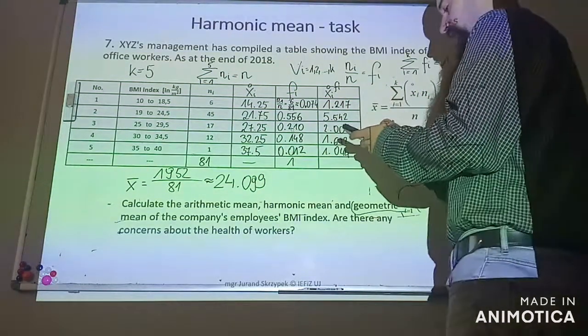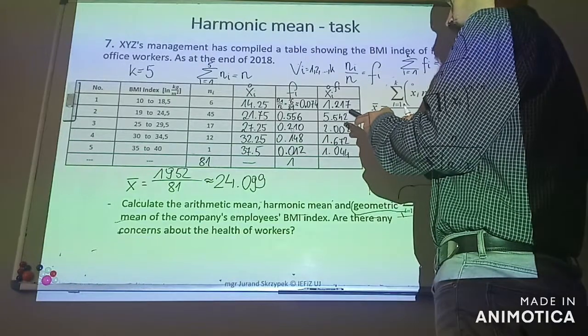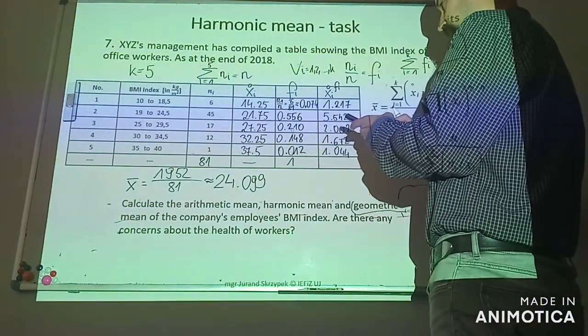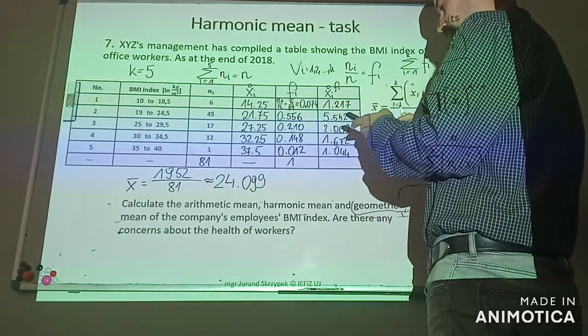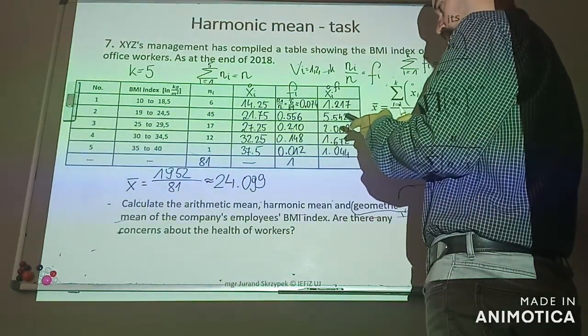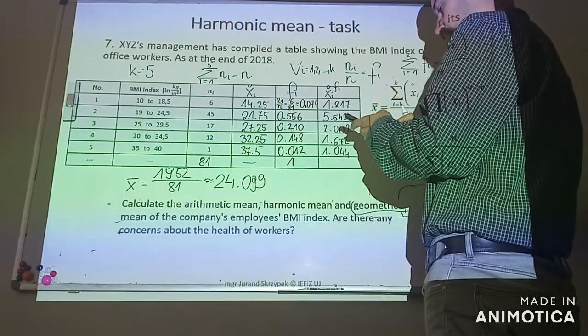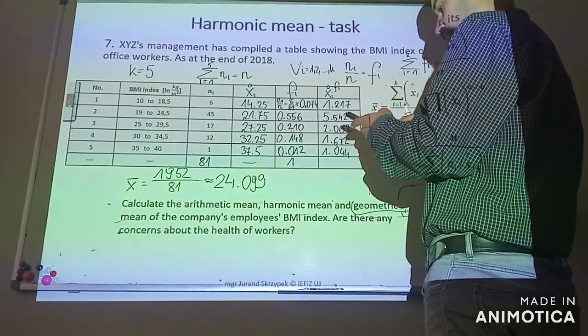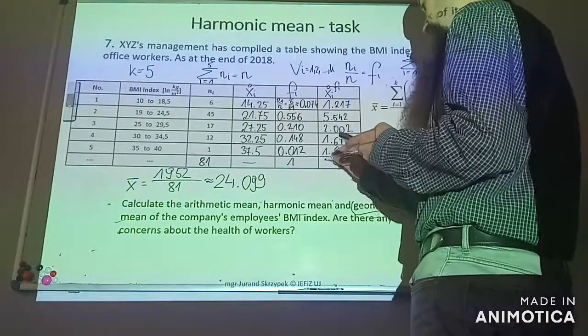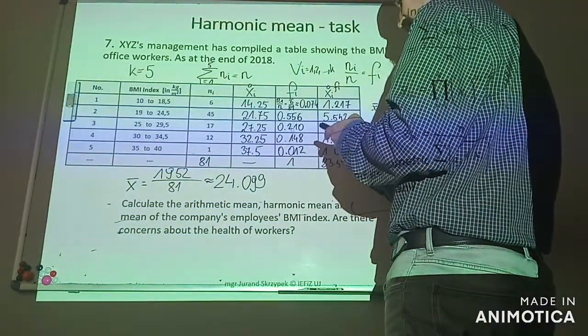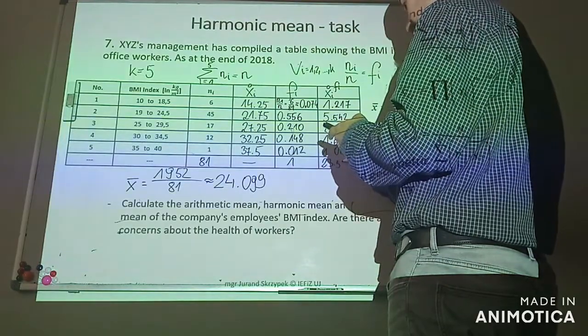So we multiply 1.217 by 5.542 by 2.002 by 1.672 by 1.044, and the result is 23.57.